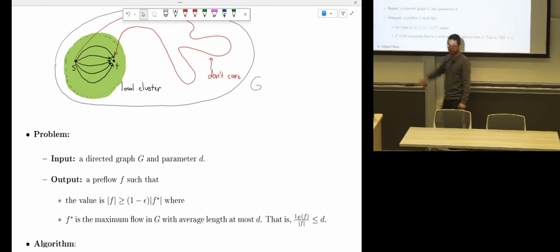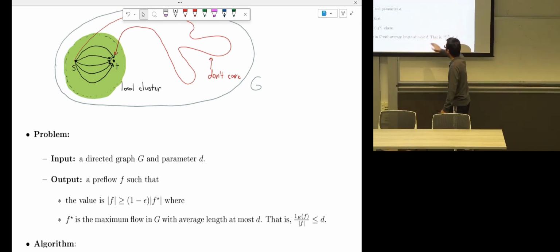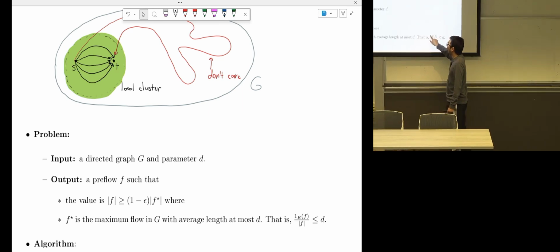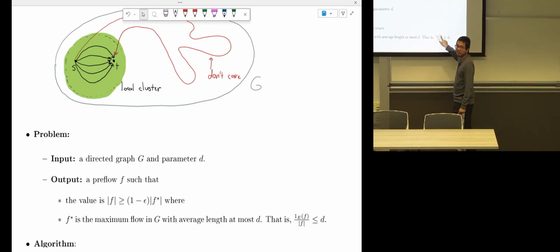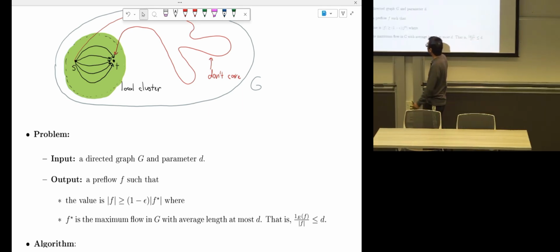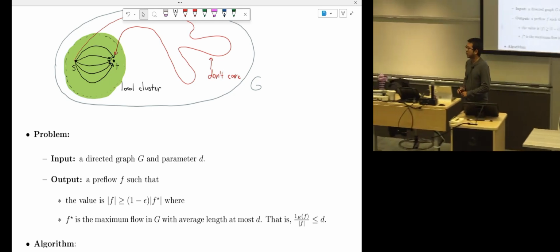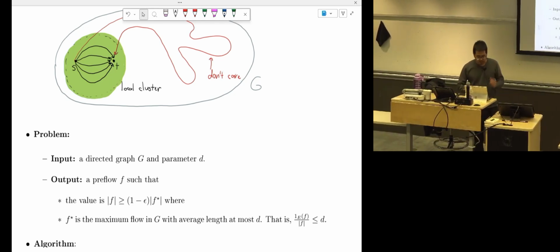That's F star. By average length here, I mean when you take the all-one weight function, the average length of F is at most D. Here just count the number of steps, the normal version of length. Is this clear? The goal?